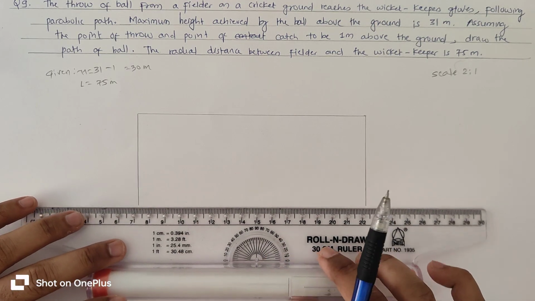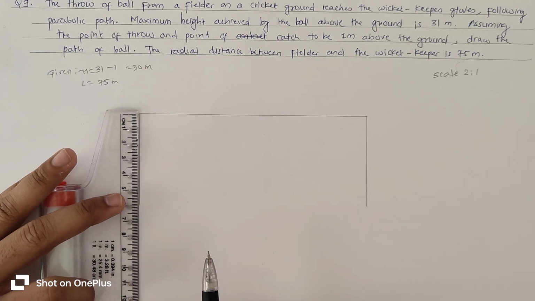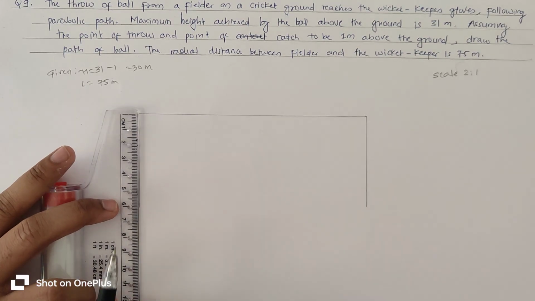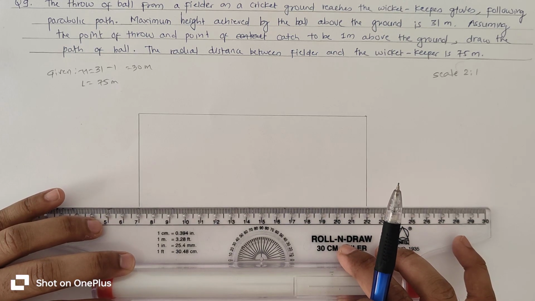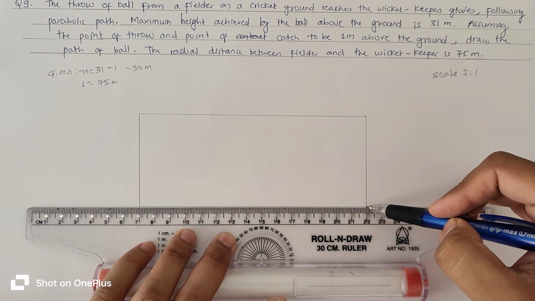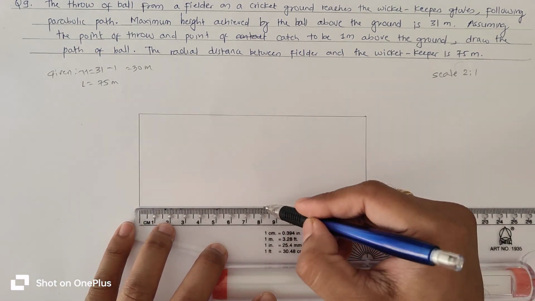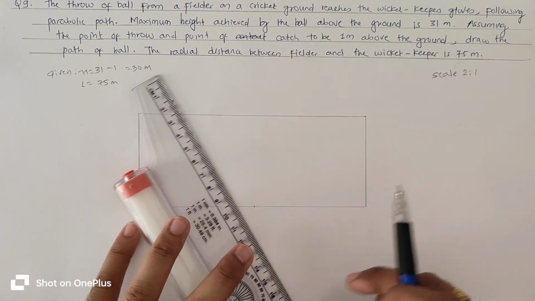This is a 6 by 15 centimeter rectangle. The midpoint of 15 is 7.5.